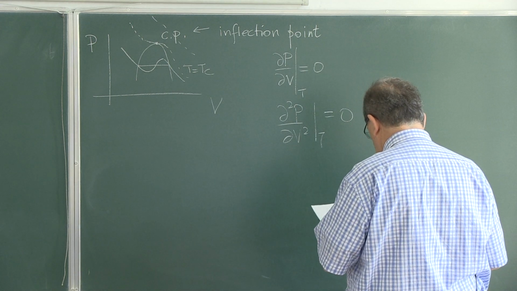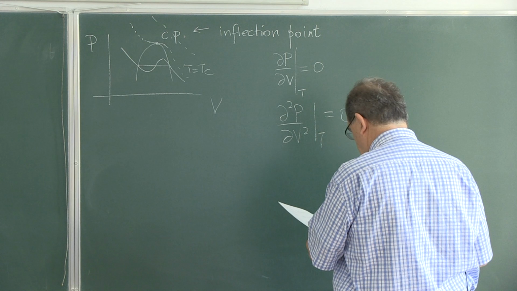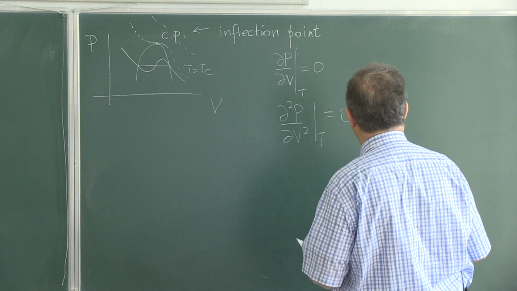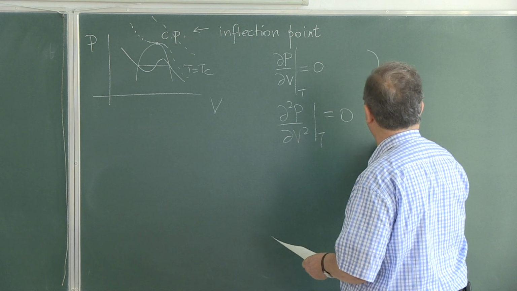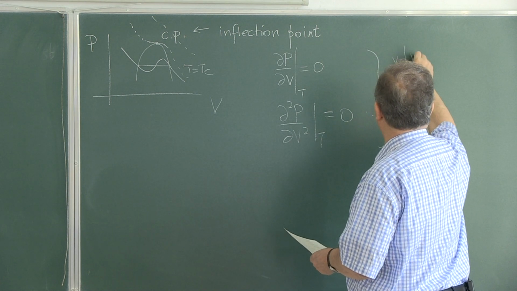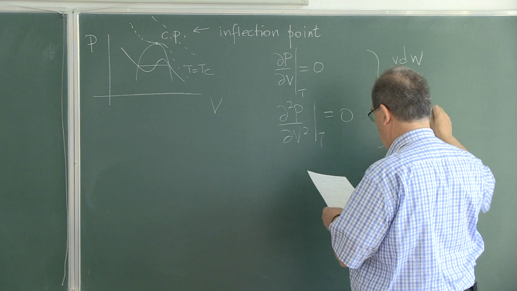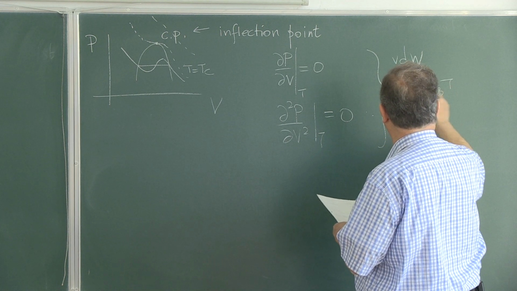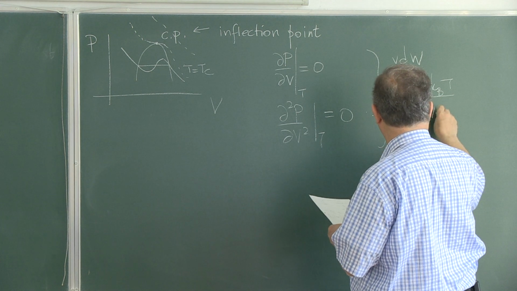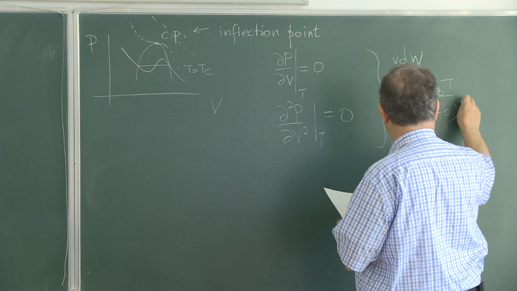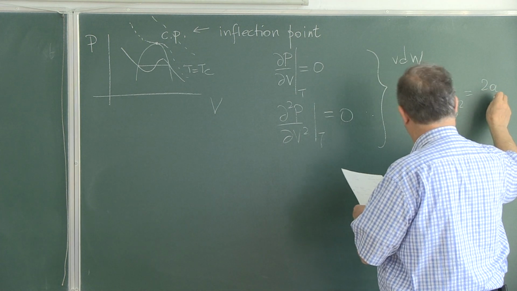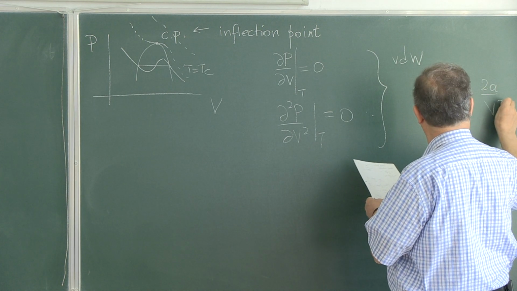If we use this for the van der Waals, we get the following two equations. We have n kB T over (V minus b) squared is 2a over V cubed. Why don't you take derivatives and see.